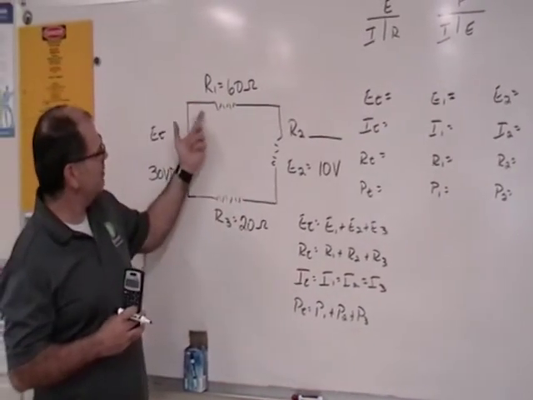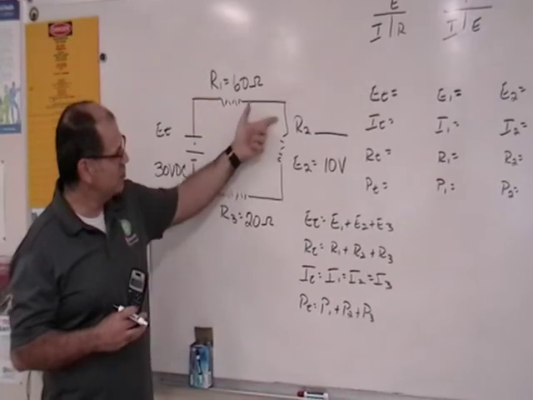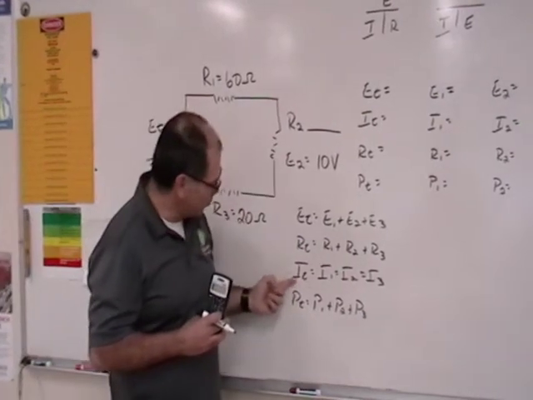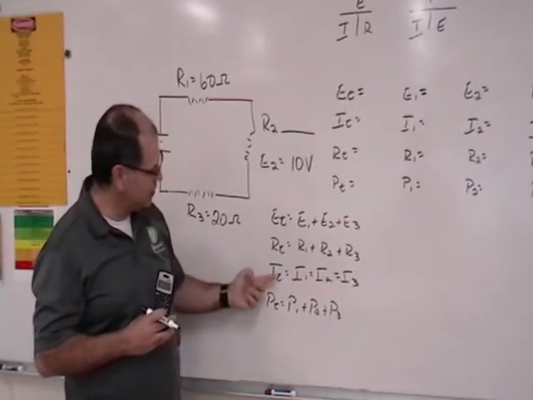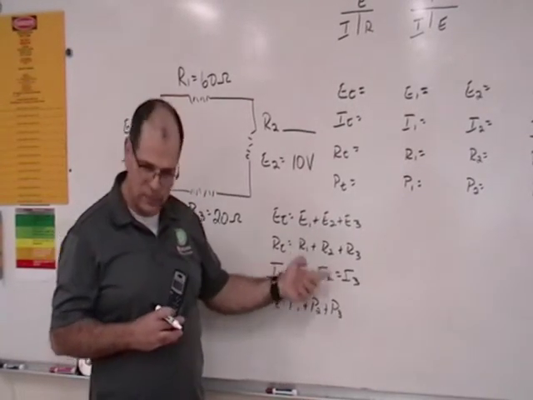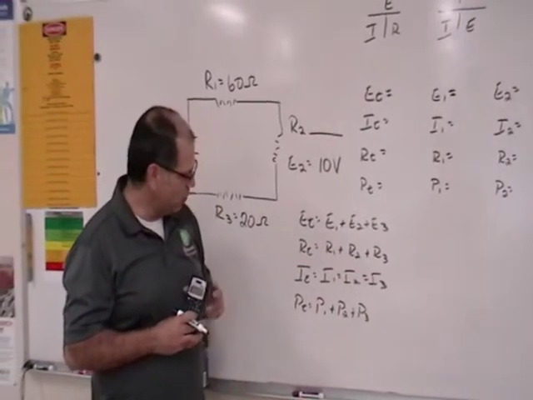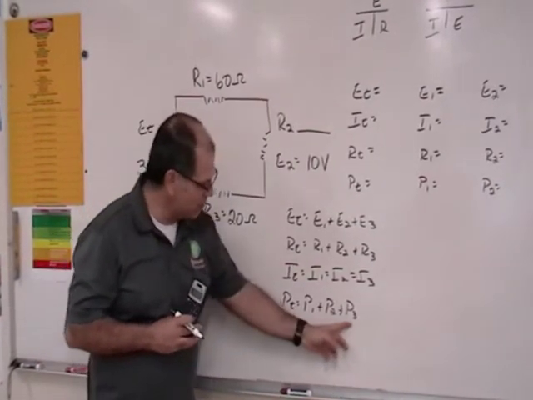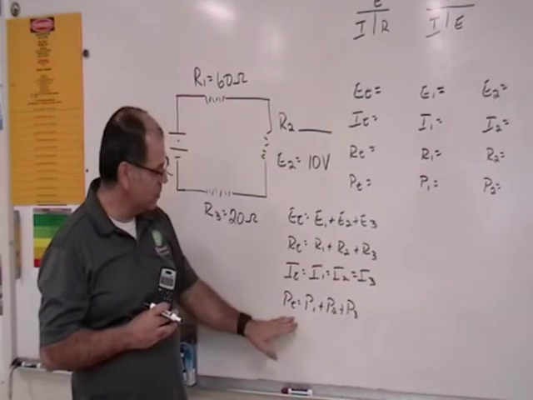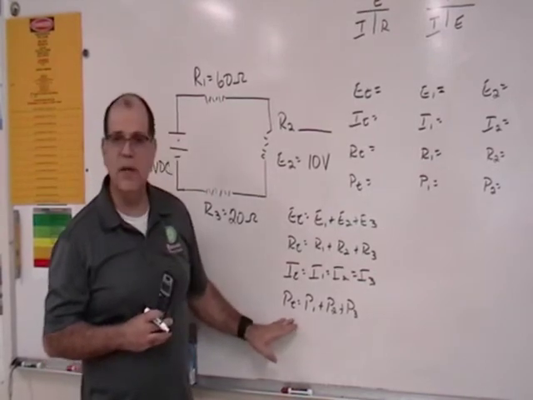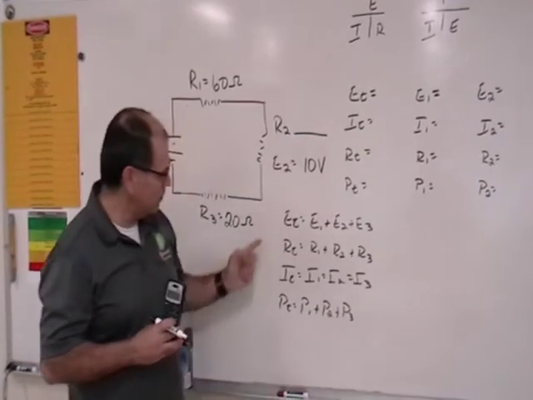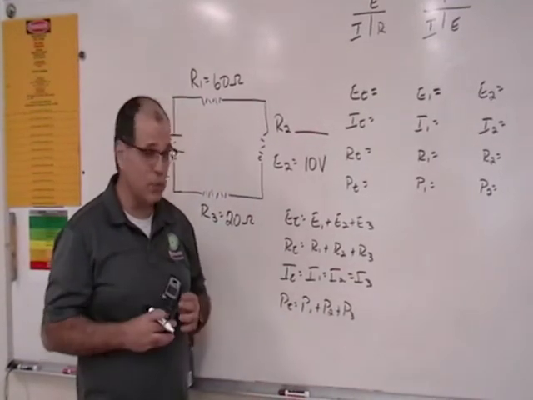The same current that flows through R1 has to be the same current that flows through R2 and R3. That's why the rule for current is IT equals I1 equals I2 equals I3 and so forth. And the same thing goes with total power. Total power is the sum of the individual powers dissipated by each of the components. Okay, so these are the rules that govern how a series circuit works.